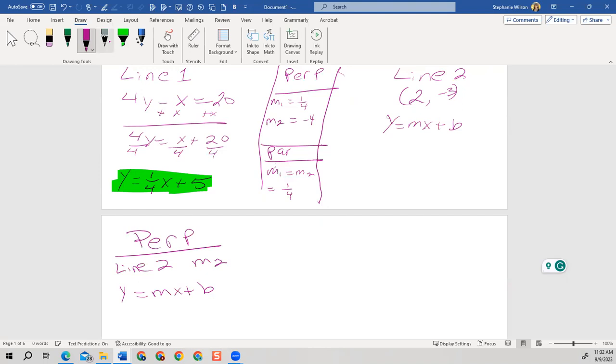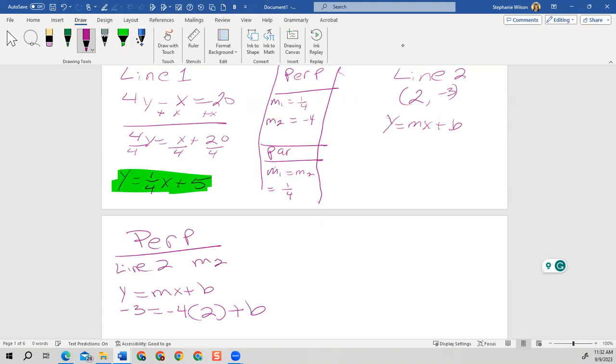I like using this method, but I'm not saying this one's better than the other. It's a preference. So my y from that ordered pair from line 2 is -3. My slope 2 that's perpendicular to slope 1 is going to be a -4, and my x from that ordered pair is 2 plus b. So now I'm going to just clean this up.